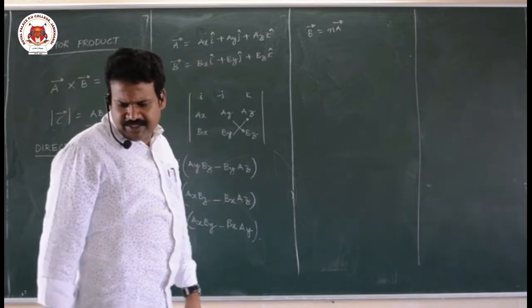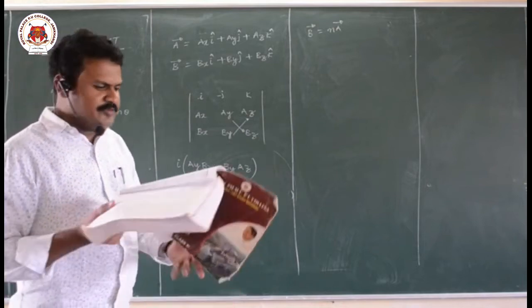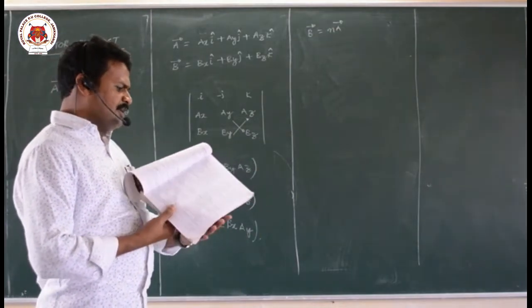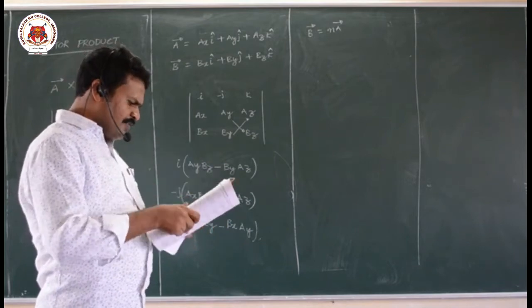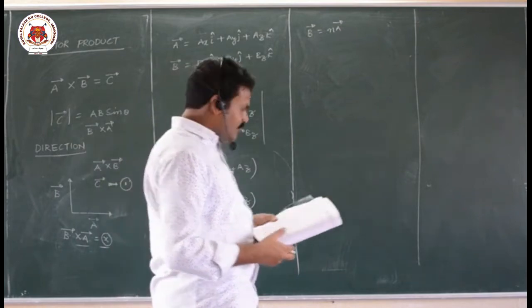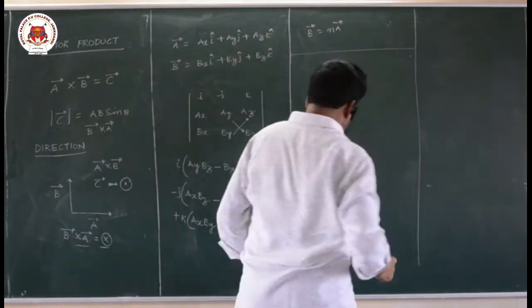So let us see some problems based on vectors here. From our material we can see, we have already seen one question on the sum of two unit vectors. Now let us take two forces, 3 Newton and 2 Newton.